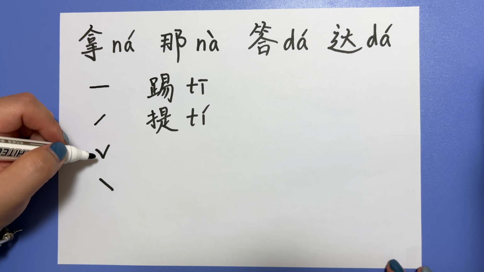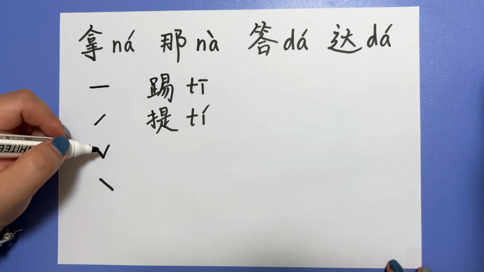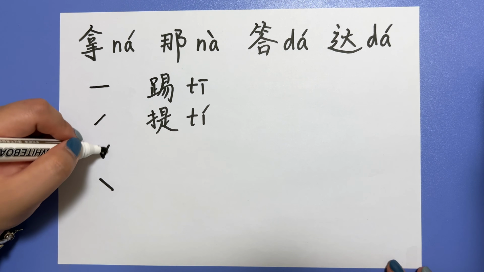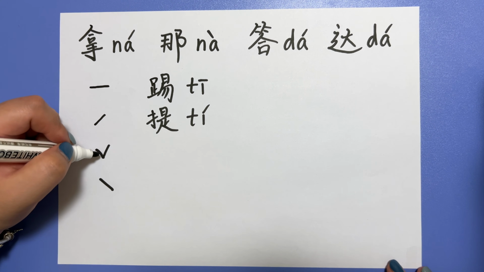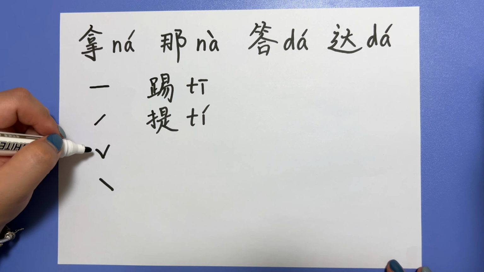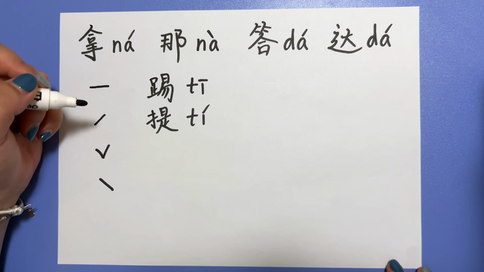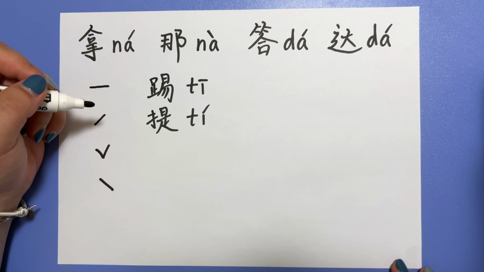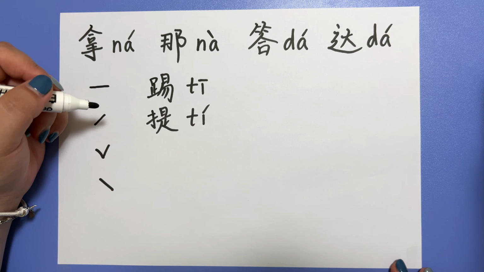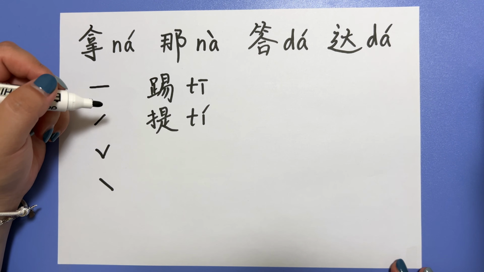But even when it's at the end of a word or a sentence, a lot of people would still drop the rising part and just pronounce a low tone. So, in general, in daily conversation, the full third tone rarely appears.